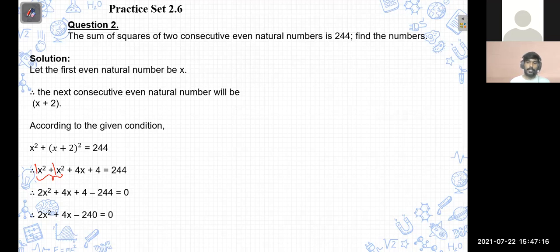After dividing by 2, what will you get? x square plus 2x minus 120 equals 0. Now use the formula method or whatever method you find easy and find the solution.